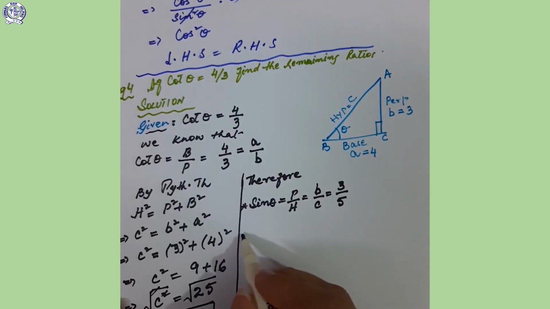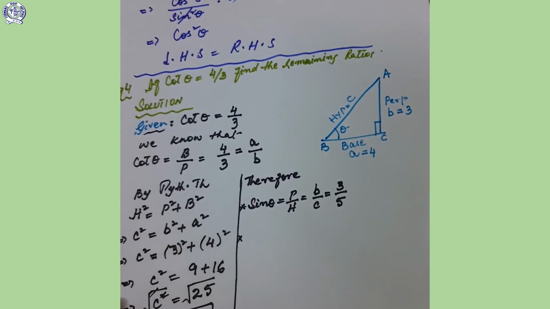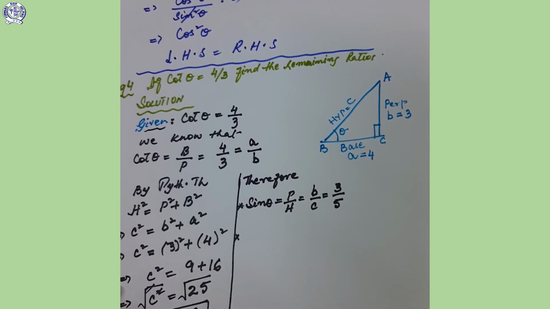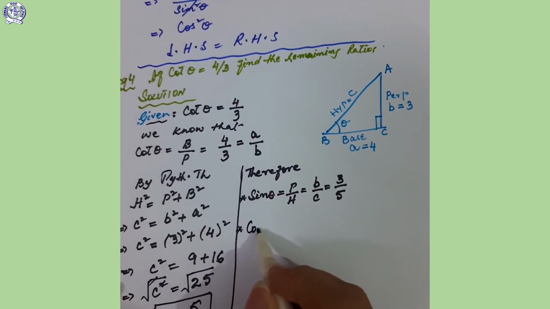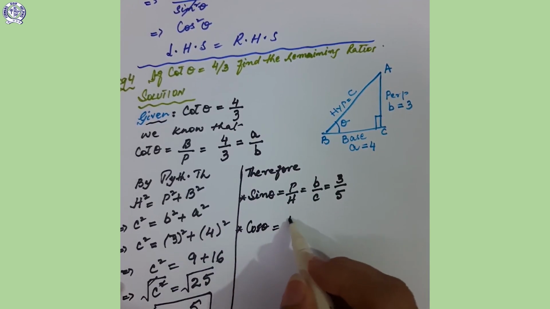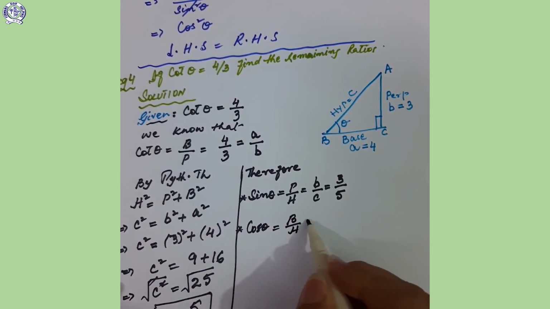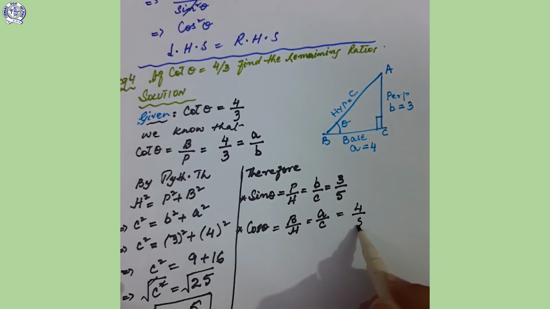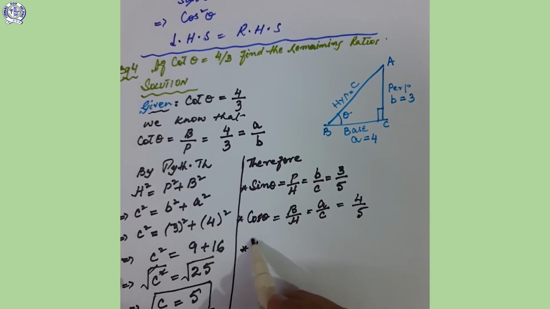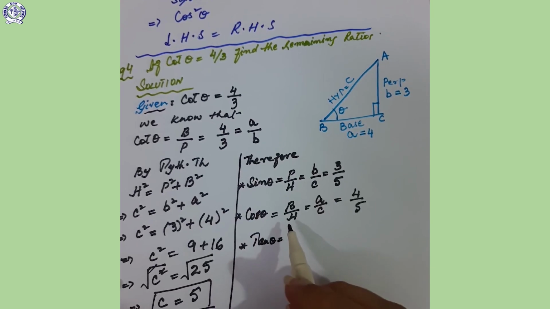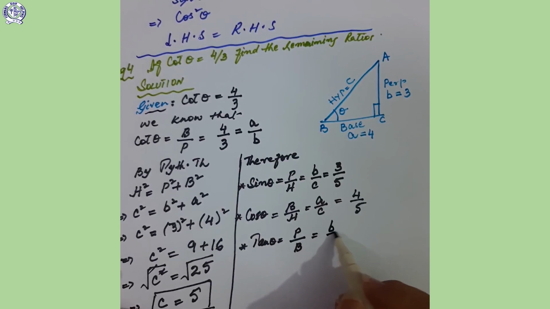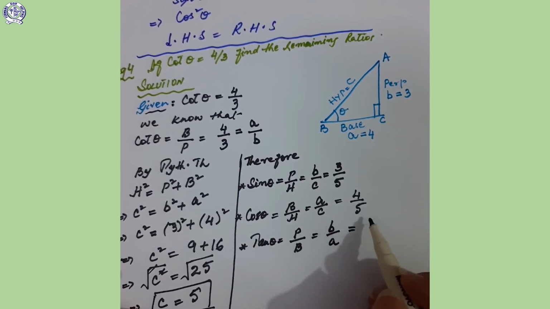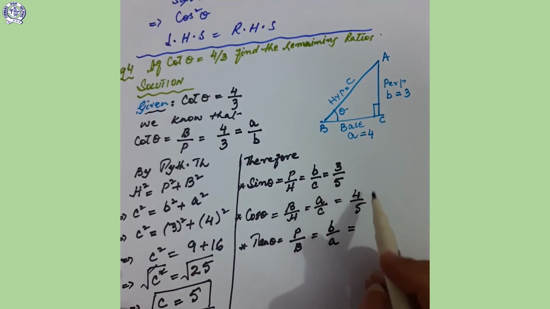In the same way, cos theta equals base upon hypotenuse, A upon C, equals 4 upon 5. Then tan theta is perpendicular upon base, B upon A, and B is 3 and A is 4, so 3 upon 4.